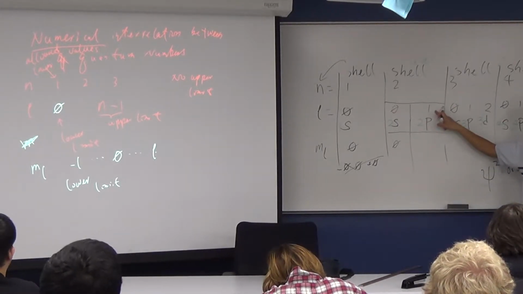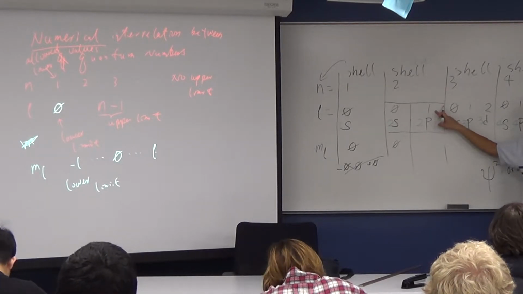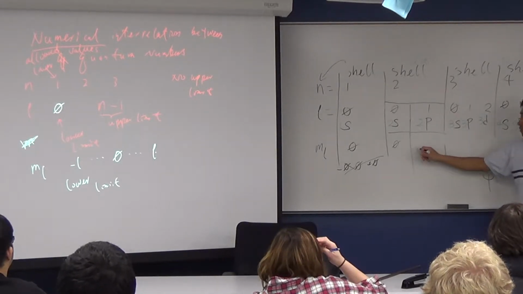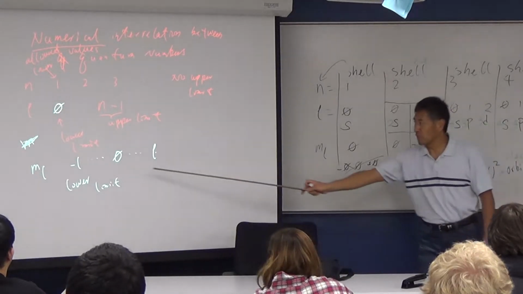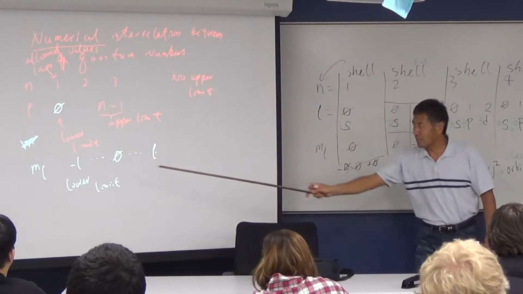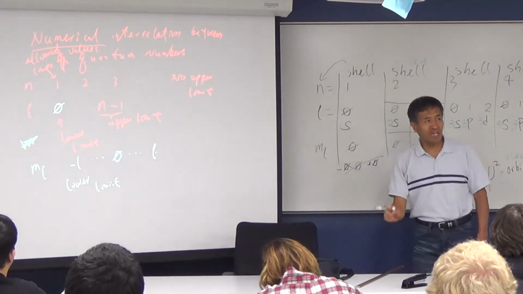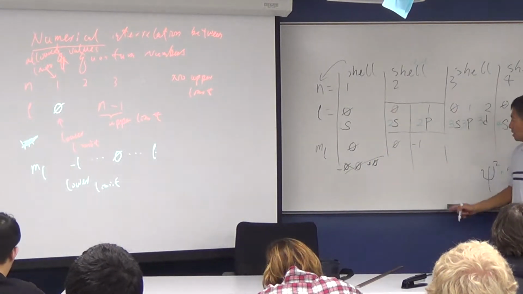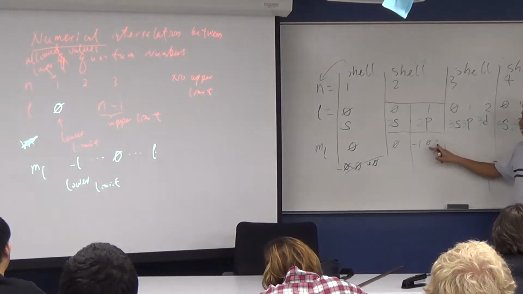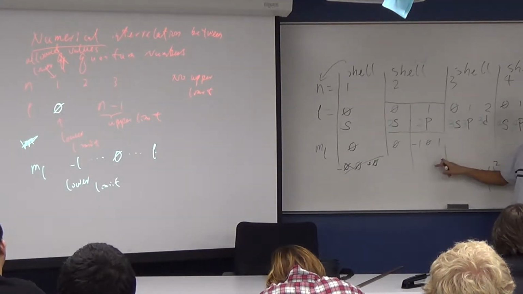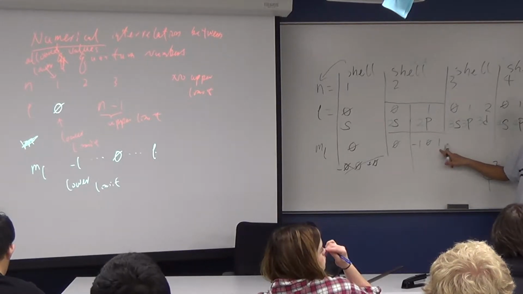If your L is 1, then what are the possible numbers for ML? Starting from negative 1. Now what we mean by the dot is any one. So negative 1 plus 1 is what? 0. 0 plus 1? 1. And this will be our limit.